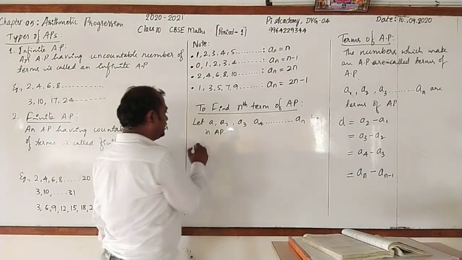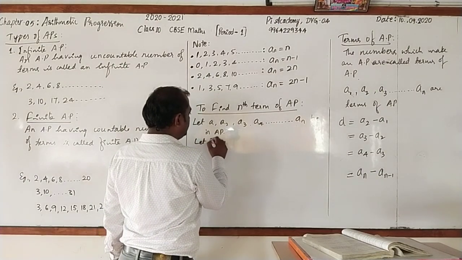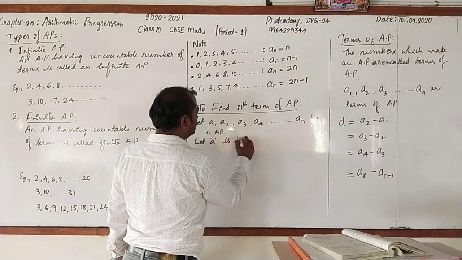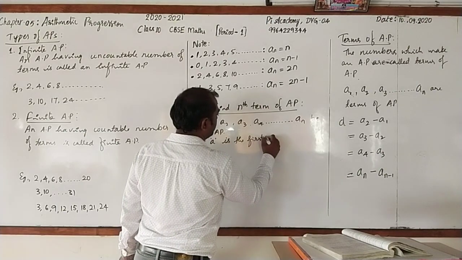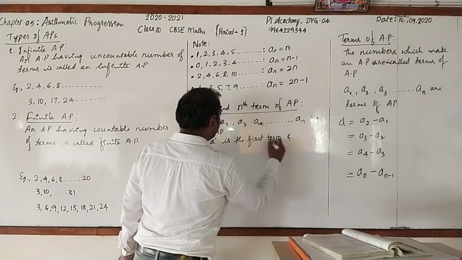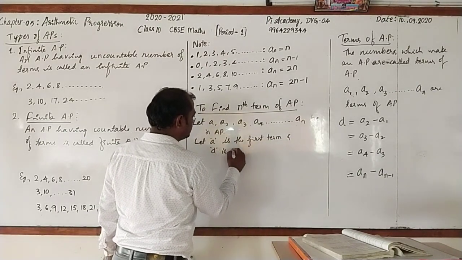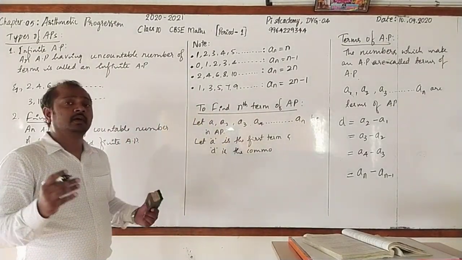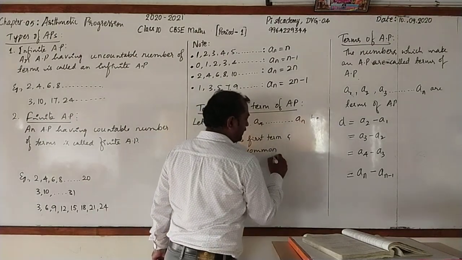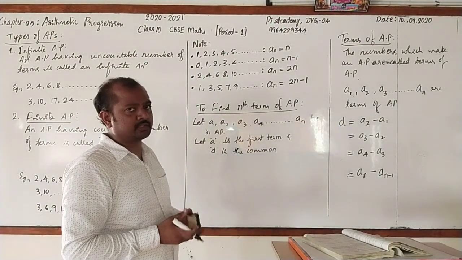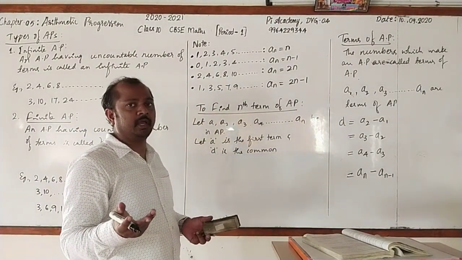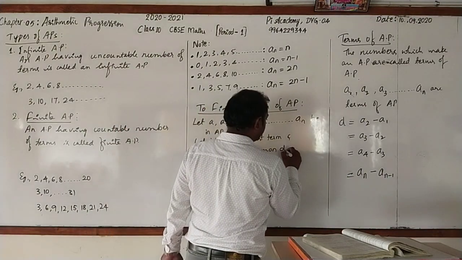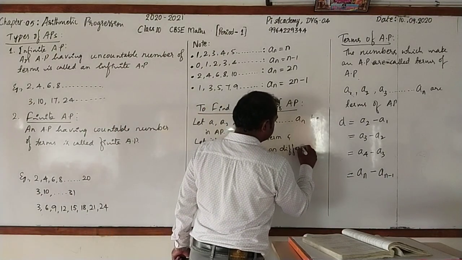Followed? And let us assume a is the first term, and d is the common difference. As it is an AP, we know that in an AP the first term will be there, and it will also have a common difference. Here I will write common difference.